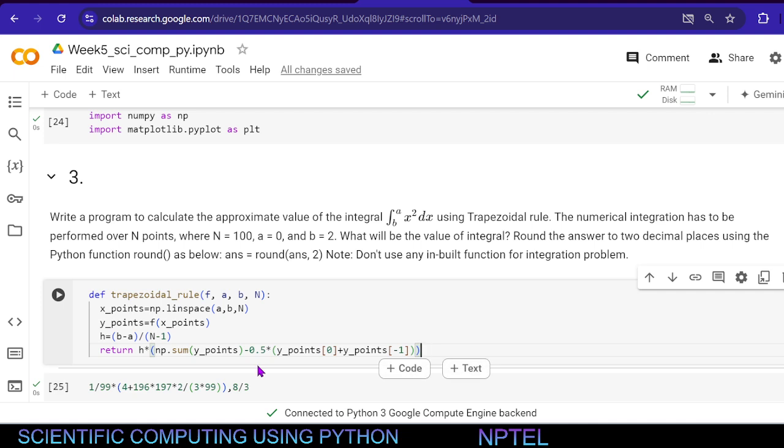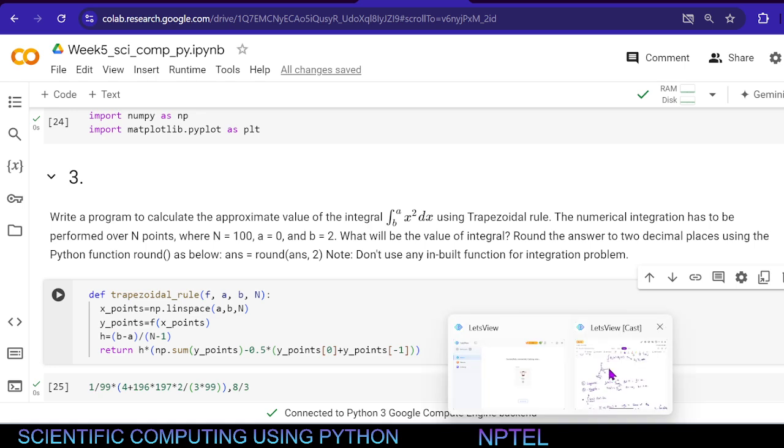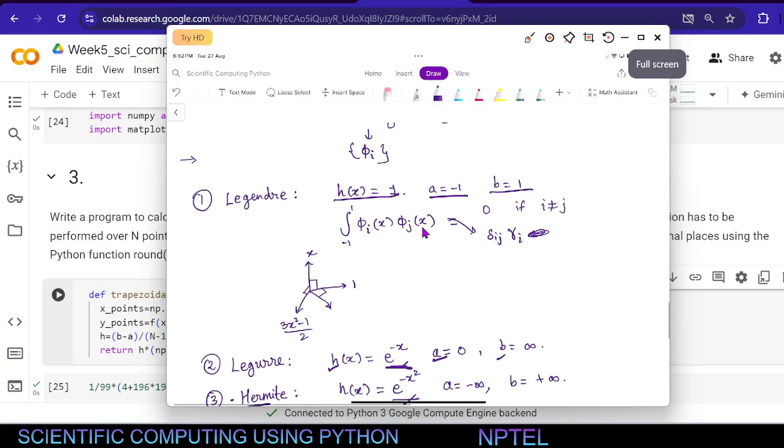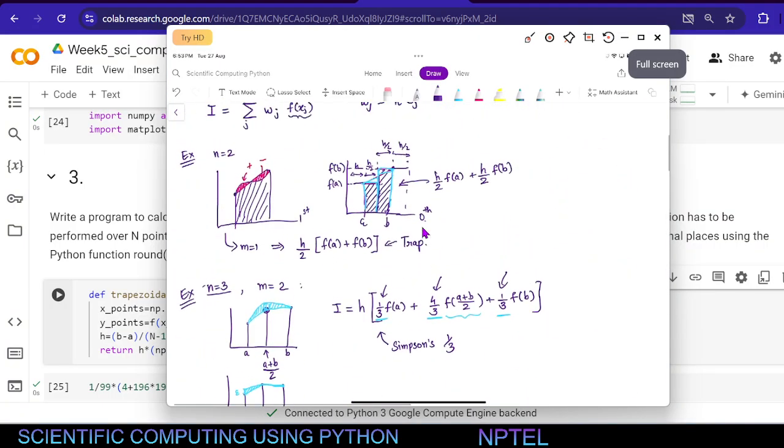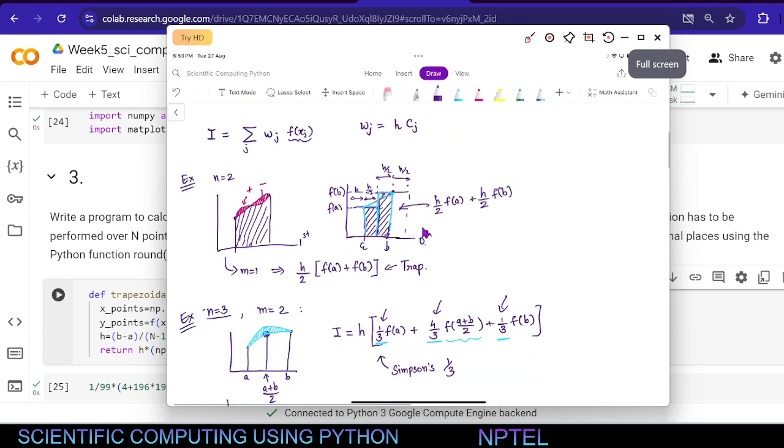all the functions, except at the boundary it will be summed only once, right? So let me show you. Yeah, so this is the trapezoidal rule. Now imagine we have many points, hundreds.